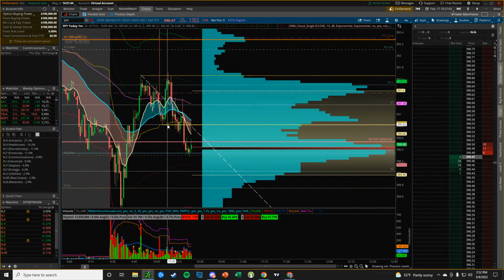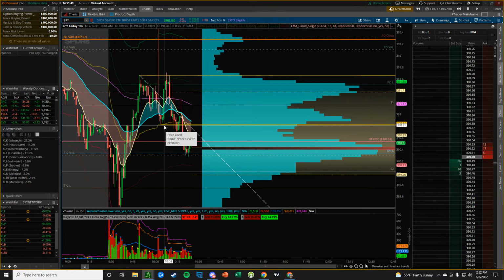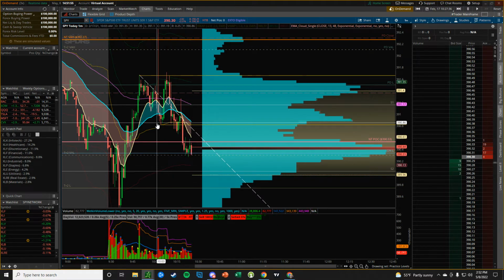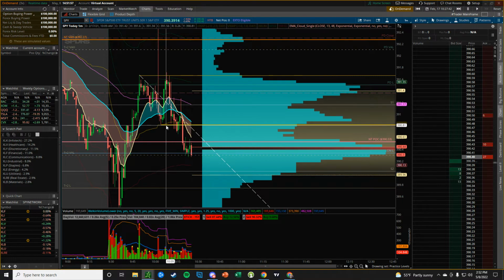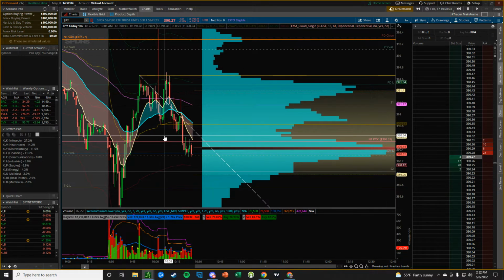That gives us the information that things are a little bit more wild, wild west right now. It's one of those situations when what should happen doesn't happen. That's where we have to step back a minute, and we probably want to sit on our hands so we can take in stride what information the market is telling us.